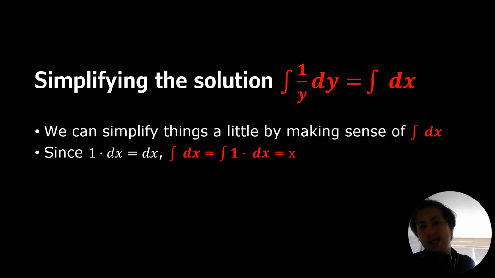Because 1 times dx is dx, the integral of dx is also equal to the integral of 1 times dx, and the integral of 1 times dx is equal to the integral of x to the 0 dx, because x to the 0 is 1, and when we integrate x to the 0 we just get x to the 1 divided by 1, which is just x.